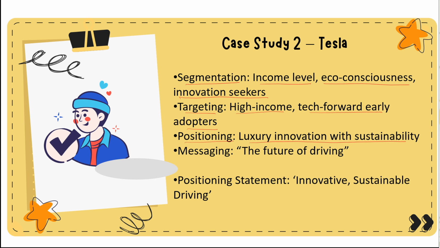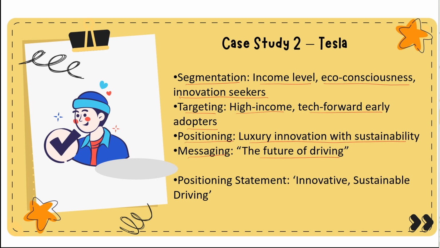What does it mean? They tried to create an impression that it is a transportation vehicle with luxury inside, without harming Mother Earth or having an ecological impact. What is their message? The future of driving.